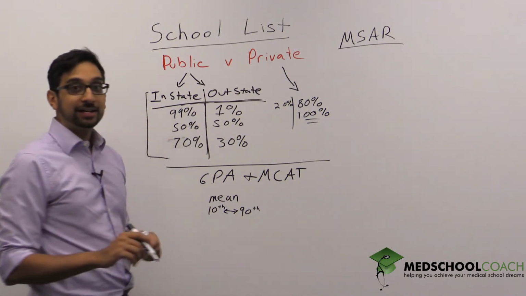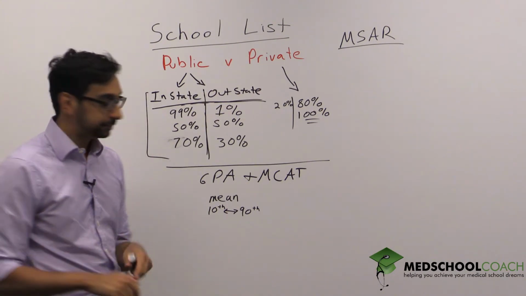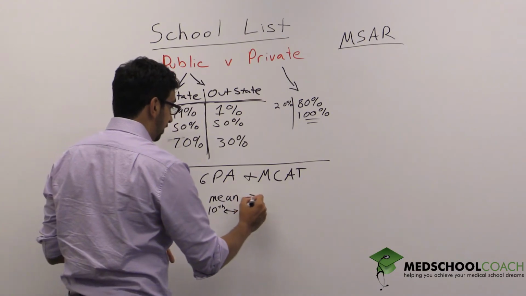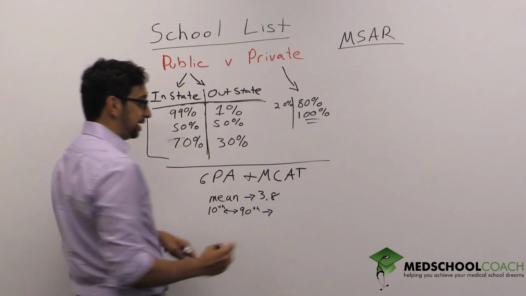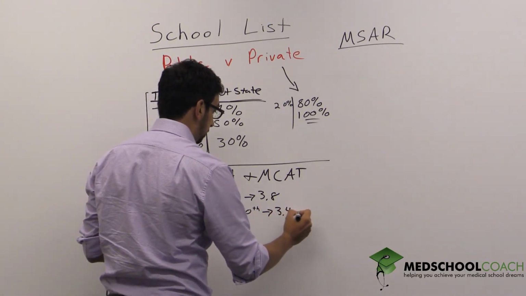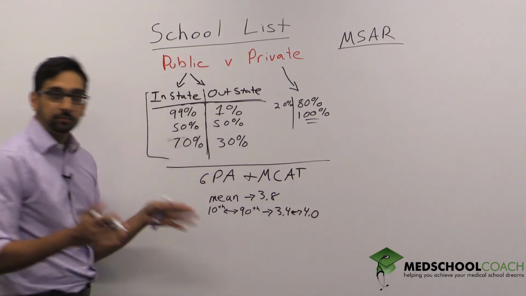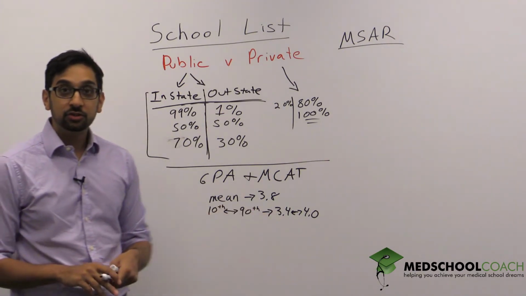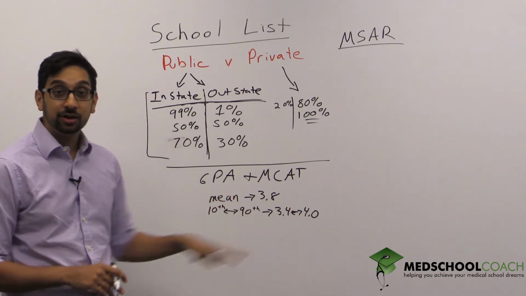So what you're going to find is that there's going to be a school, let's just call it School X, that has a mean GPA of a 3.8 and a 10th to 90th percentile GPA of a 3.4 to a 4.0. Guesstimation on numbers here. What too many people do is if they have a 3.4 GPA, they say, wow, I'm within range of this school.